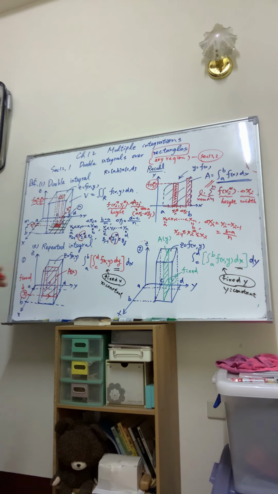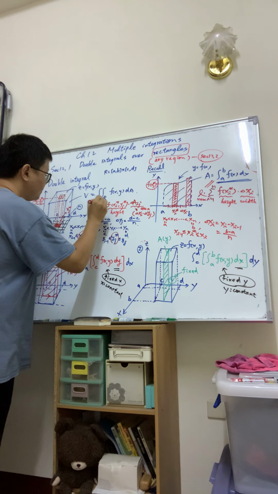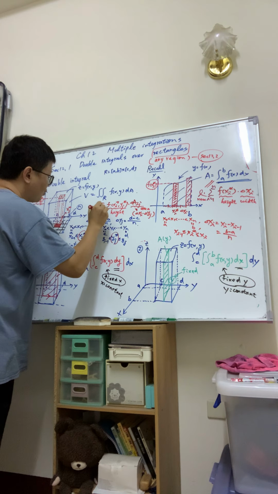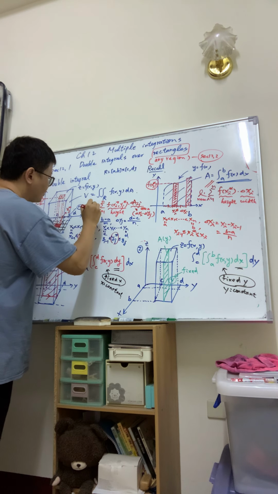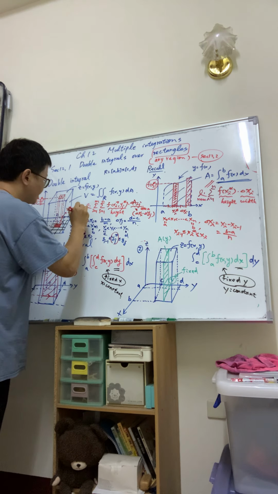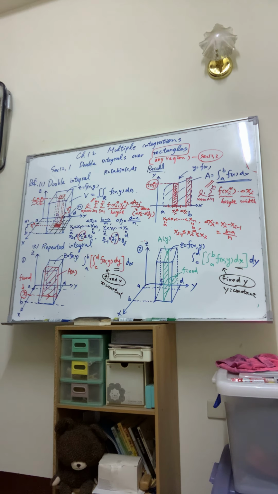We divide it into n subintervals, so we should consider the sum over all of them: j goes from 1 to n, i goes from 1 to n. And finally, let n approach infinity. And then it's our definition of the double integral.